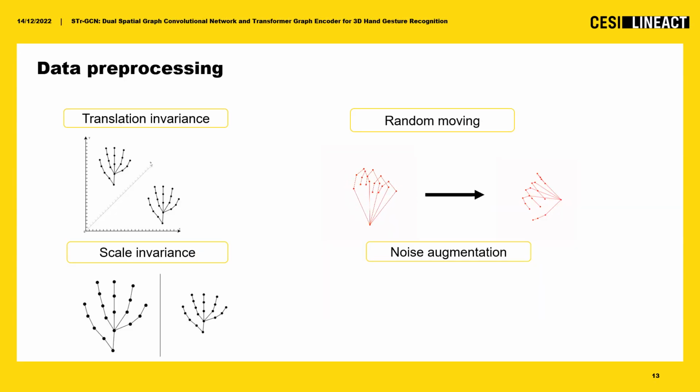We need to mention that we use a data processing step to prepare the data, mainly translation and scale normalization to be invariant to rigid transformation, and noise augmentation and random moving, which help prevent overfitting and allow the model to generalize better. More information on data processing and the training details are detailed in our paper.